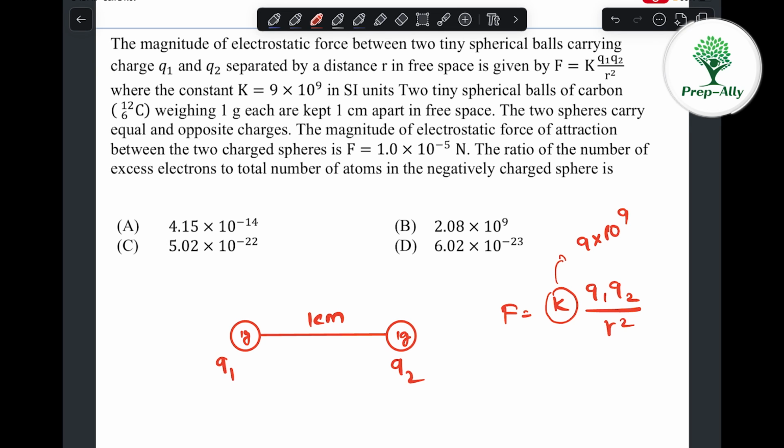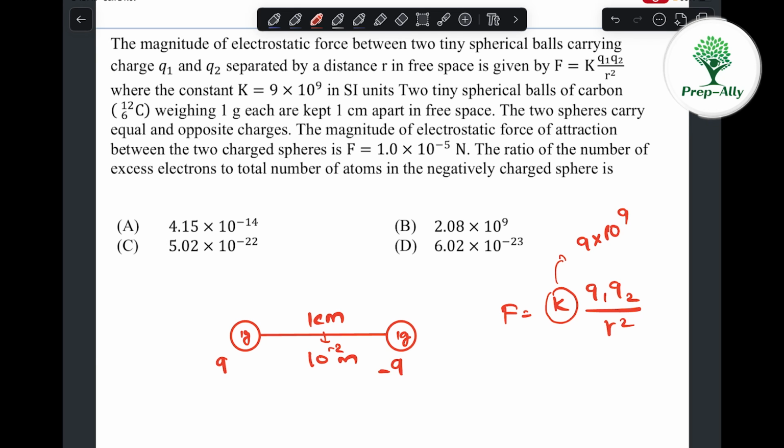So the distance between the two spherical balls is 1 centimeter, and you can convert it into meters, because force is given in Newton. So better you convert this into 10 power minus 2 meter. The two spheres have equal and opposite charge, so Q1 is Q and Q2 is minus Q.